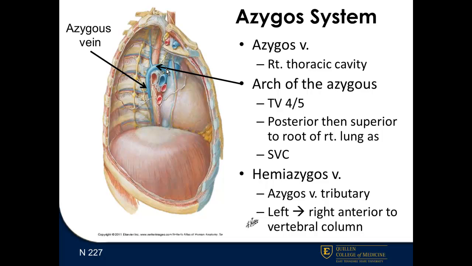And it's going to be a smaller version of the azygos on the left side essentially. It is a tributary to the azygos, and it will cross midline to dump into the azygos around TV9 usually. And it's going to pass left to right, anterior to the vertebral column, but it will be the most posterior structure in the mediastinum when it crosses midline.